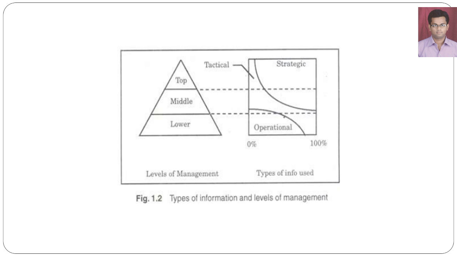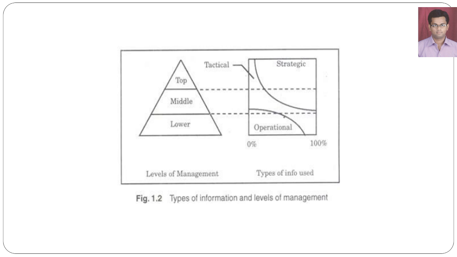The typical curves seen in this diagram say that operational information is not only required by lower level management, but some aspects of operational information are essential for middle level management as well.